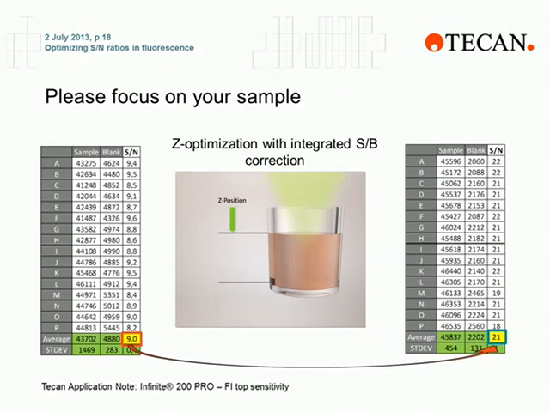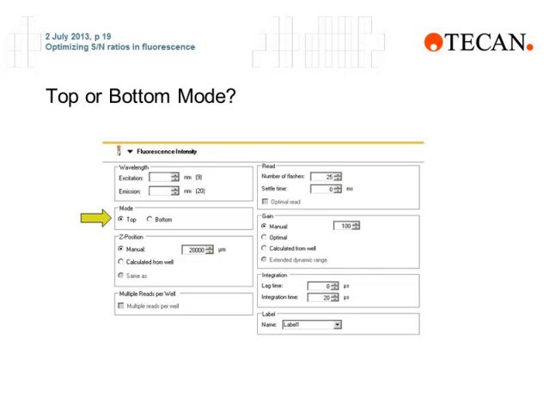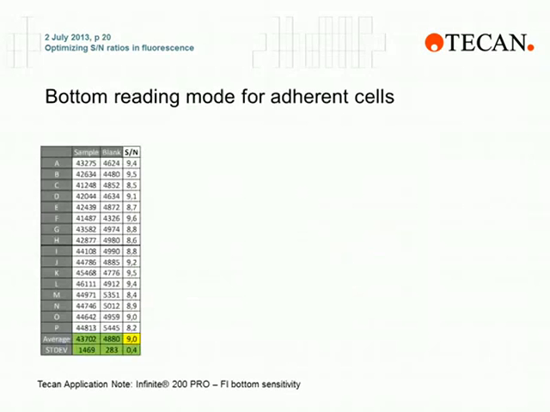This feature is for biochemical assays or for cell-based assays where cells are in suspension and not adherent to the bottom. And for bottom-adherent cells, we offer the option to read your plate from the bottom and not from the top.